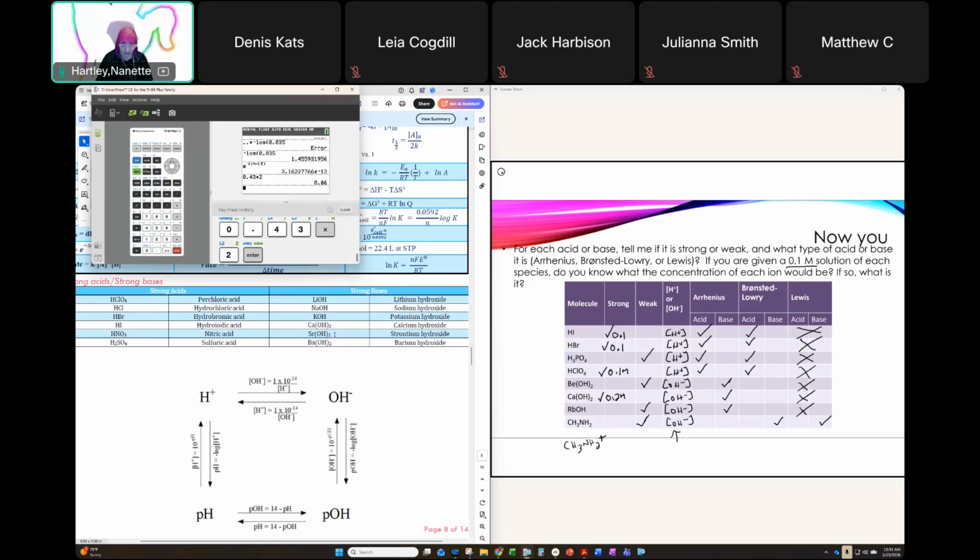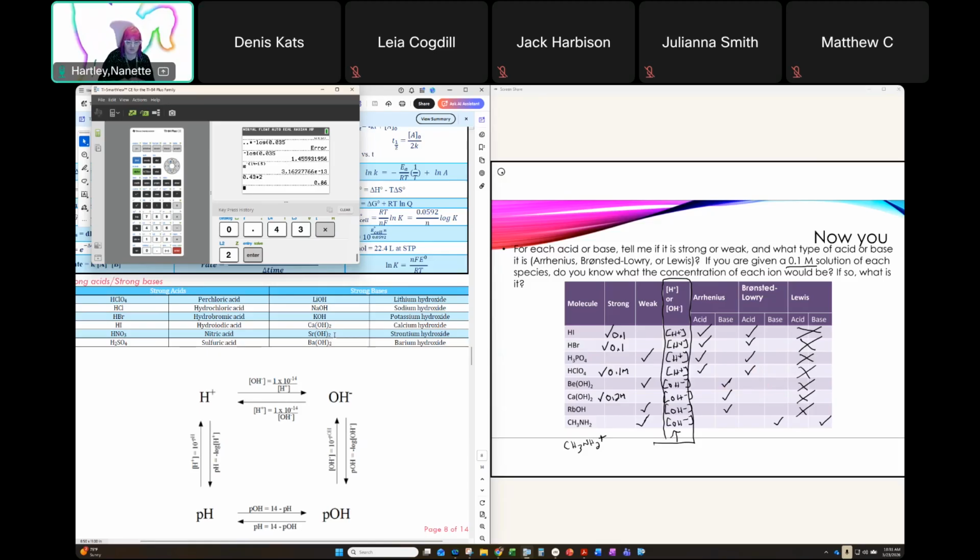It is a base because it eventually generates the OH minus. This column right here doesn't matter if it's first or second step. This definition over here is about first or second step. This one, and this one. So if it's not primary, then it's not that?